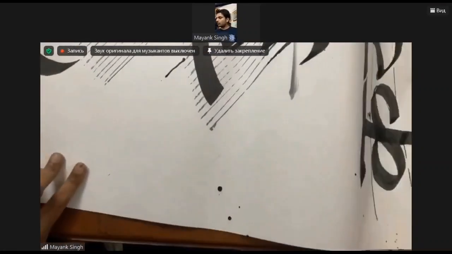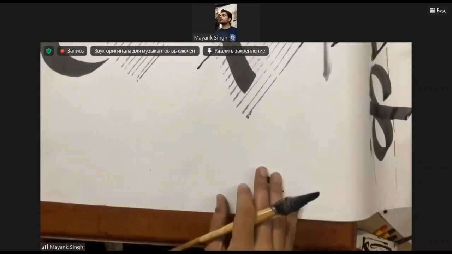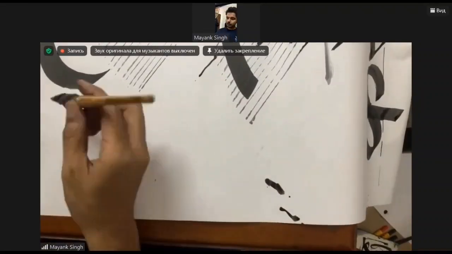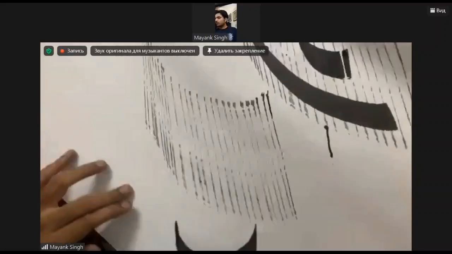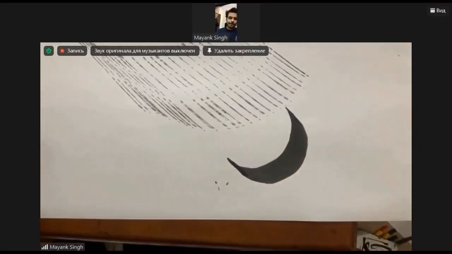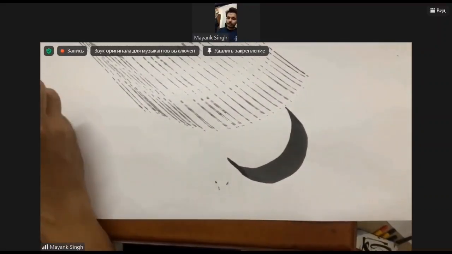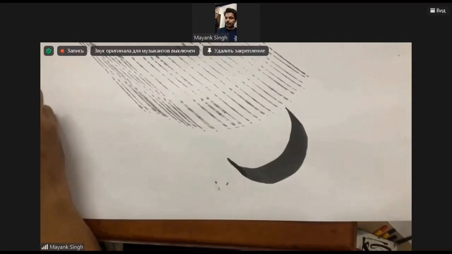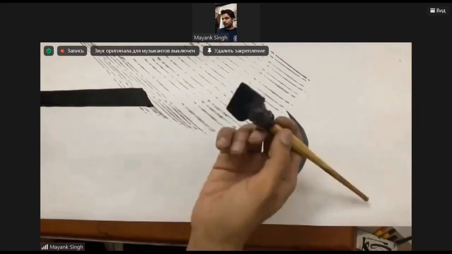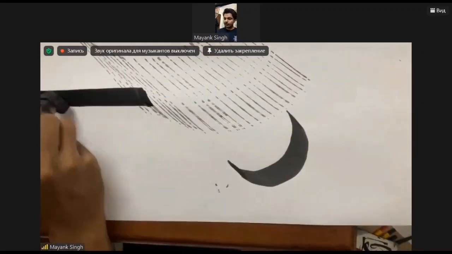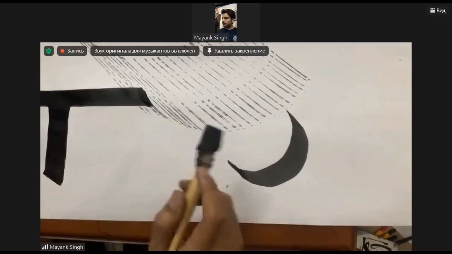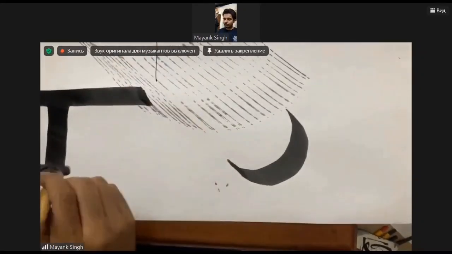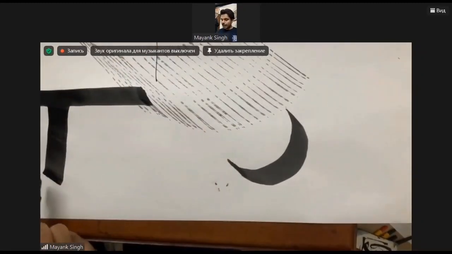Moving on to Ga. The first stroke, you can guess, is Shirorekha. The second stroke is similar to the first one, a straight stroke, and then you have to end it here.